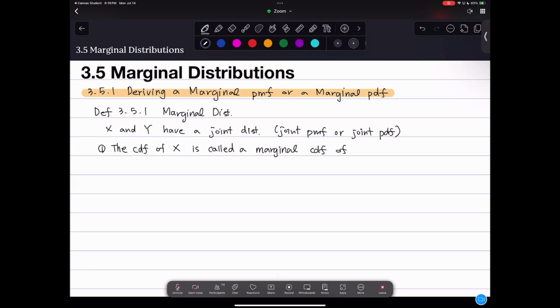So I can go marginal CDF of x, and I can go marginal CDF of y, which I briefly did. In the same way, I can have the PMF, the probability mass function, of one of them alone.